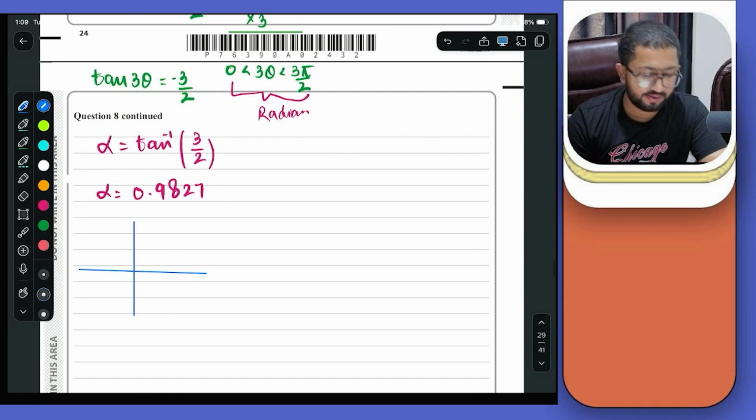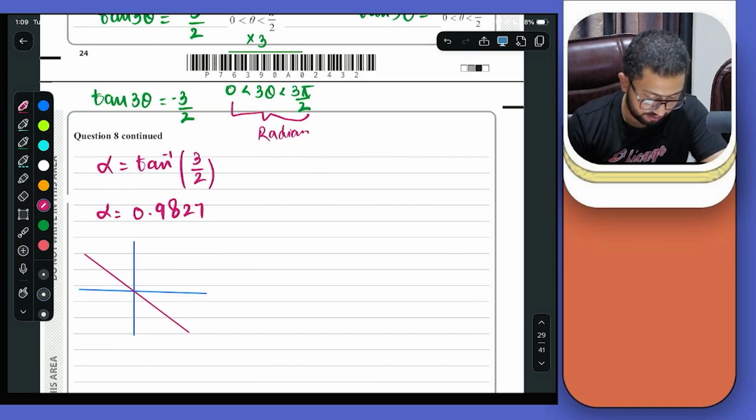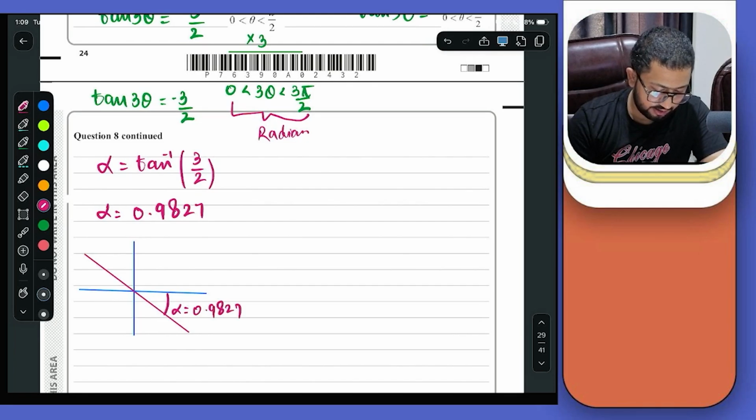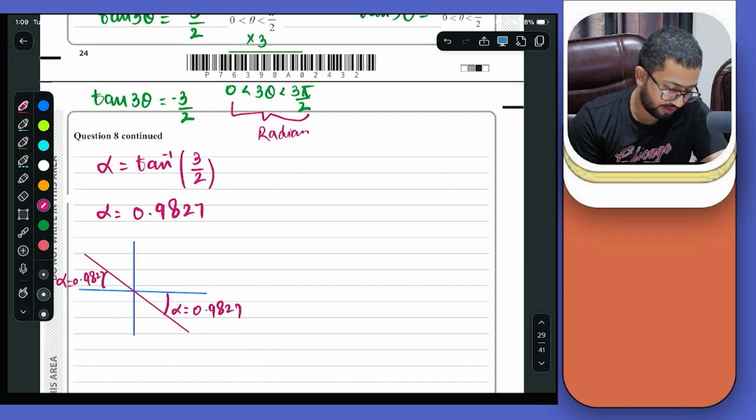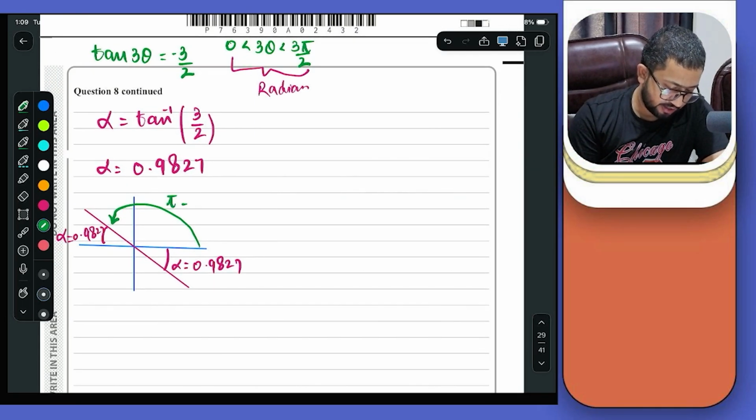So tan is negative in the second quadrant and fourth quadrant. So let's mark the basic angle and find the final answer of these red lines. How much will you get? This angle would be pi minus 0.9827. Obviously that would be 180 degrees, so you have to subtract this angle, and you will get pi minus 0.9827.